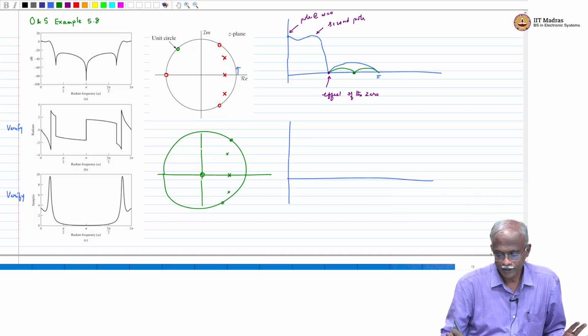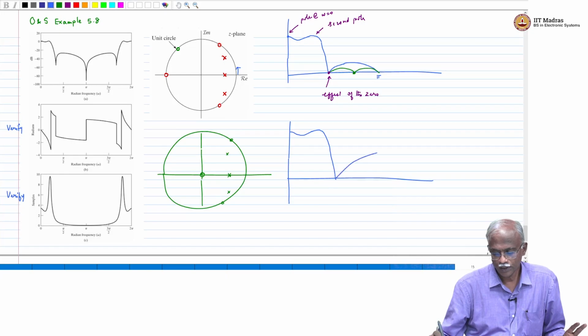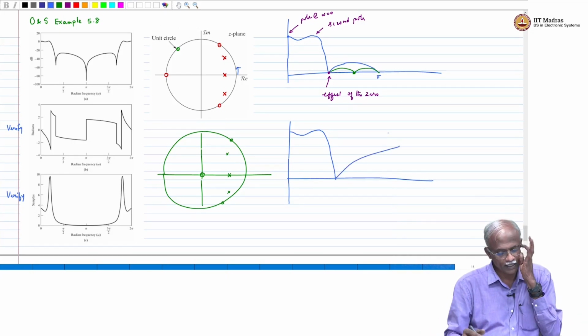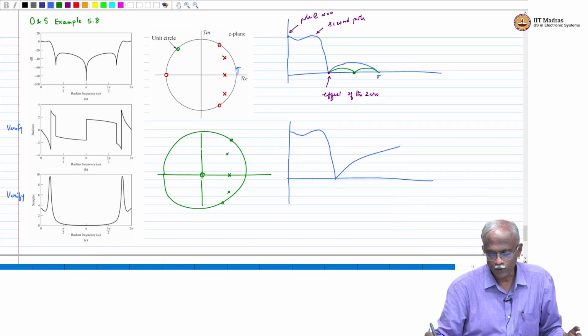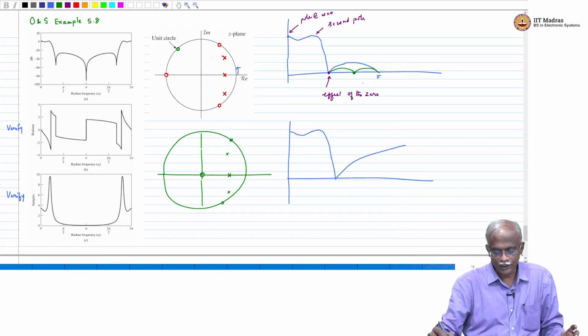It starts at a point, the effect of the first pole, a gradual droop, again the effect of the second pole. Then you will see the effect of the 0, and after that it keeps going up because you're far away from the poles and zeros.